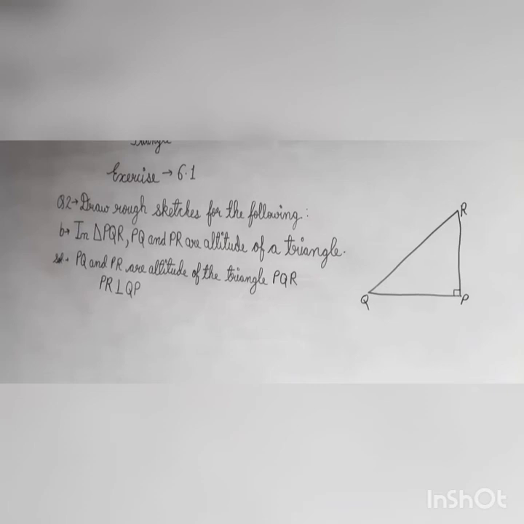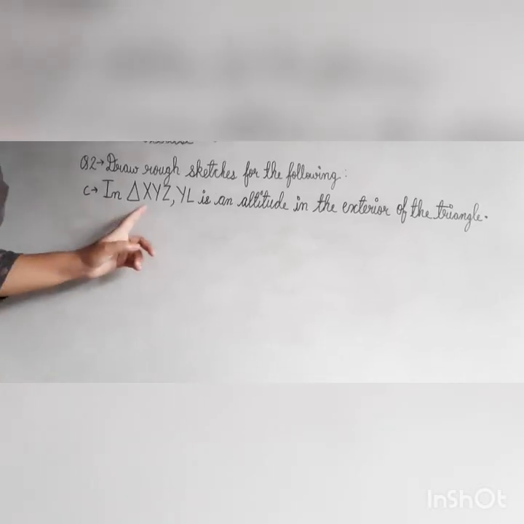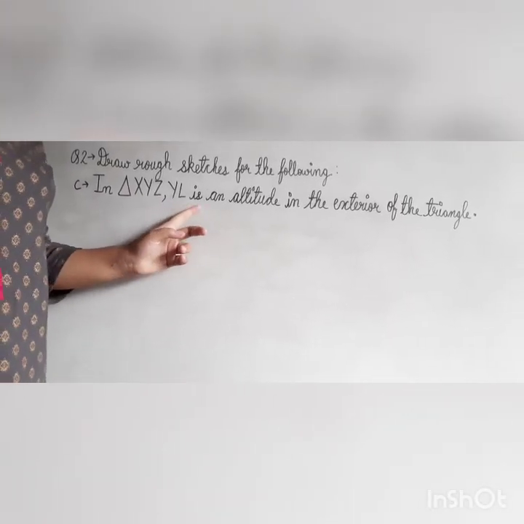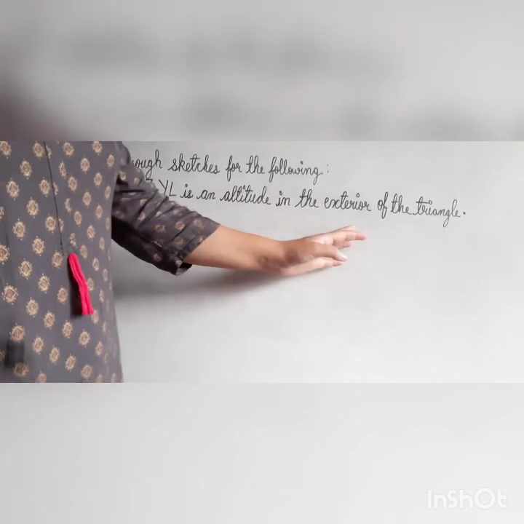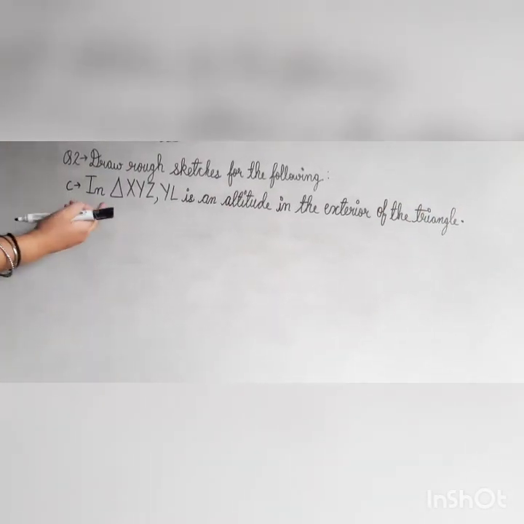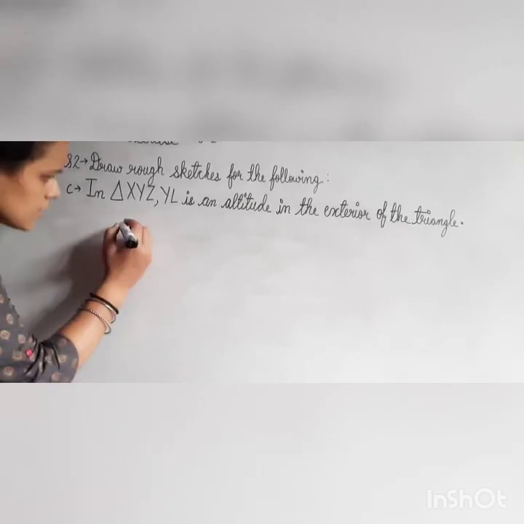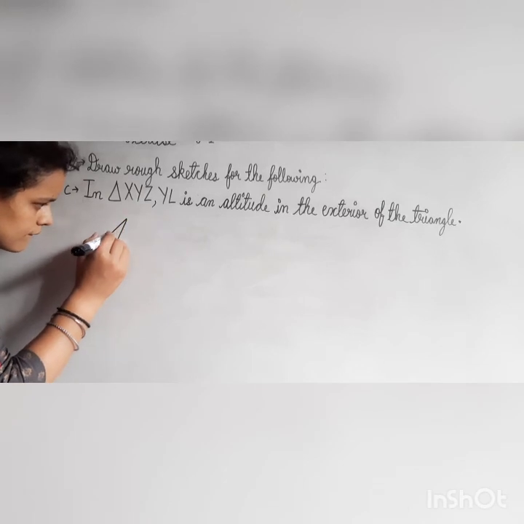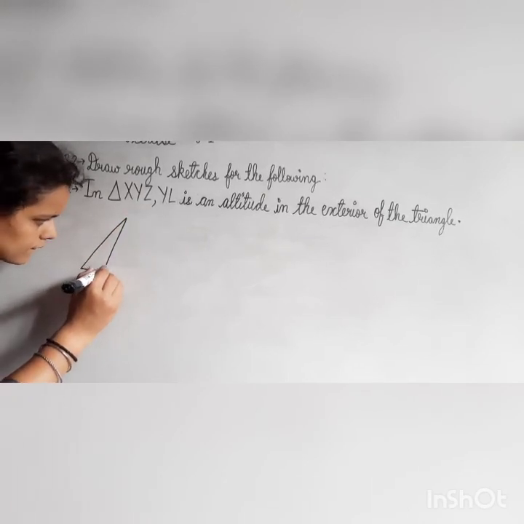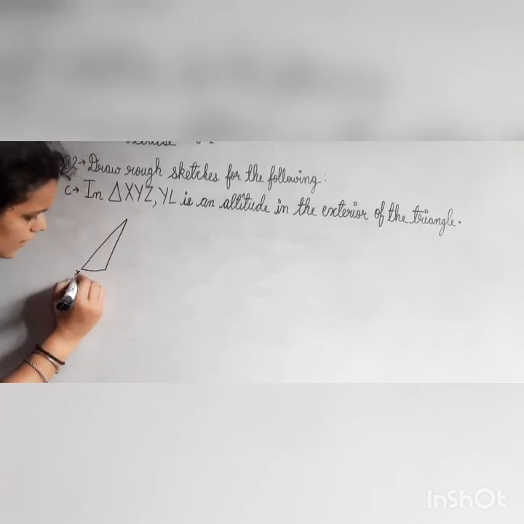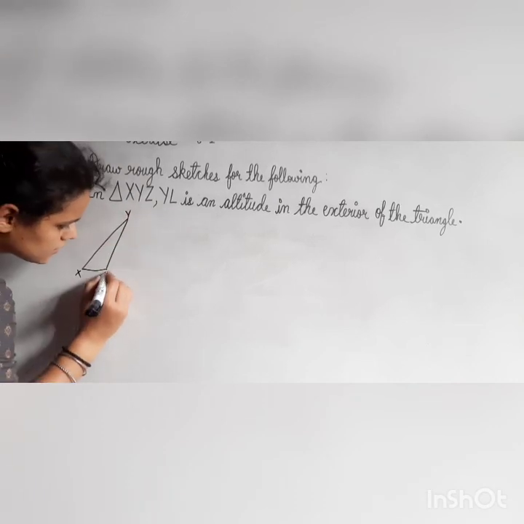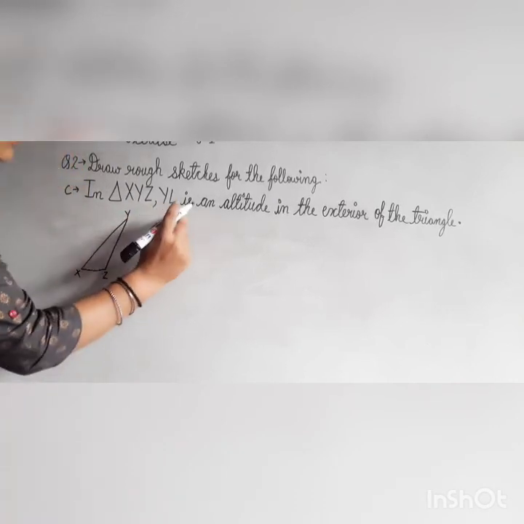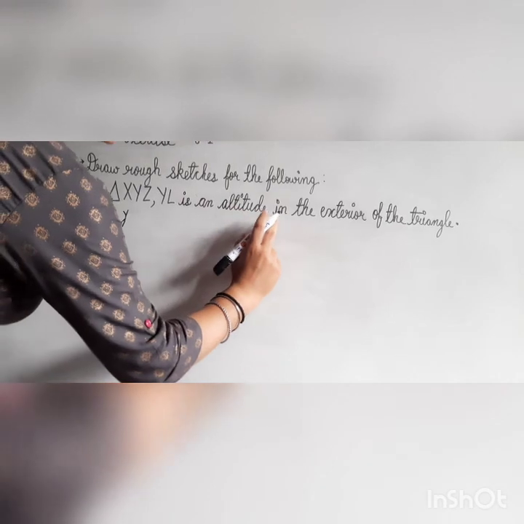Now we will do third part. In triangle XYZ, YL is an altitude in the exterior of the triangle. First you have to make the triangle XYZ. This is X, this is Y, this is Z. Now you have to make YL an altitude in the exterior.